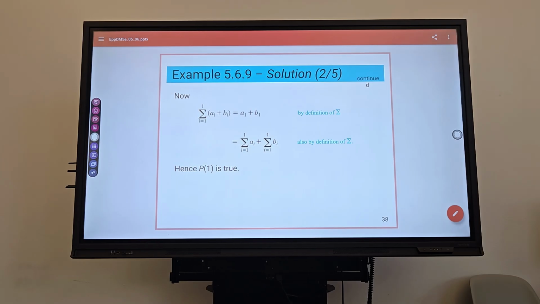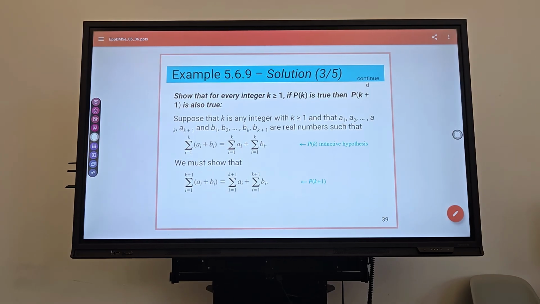So now you show that for every integer k greater than or equal to 1, if P sub k is true, then P sub k plus 1 is also true. Suppose that k is any integer with k greater than or equal to 1, and that a is a sequence and b is a sequence of real numbers, such that the inductive hypothesis is given.